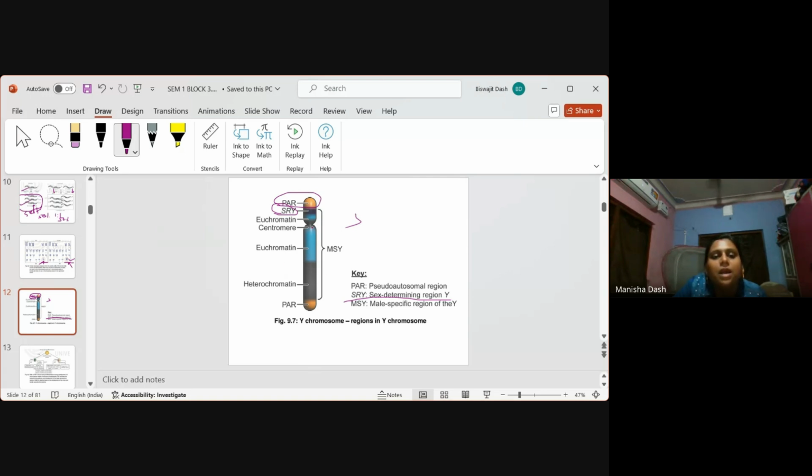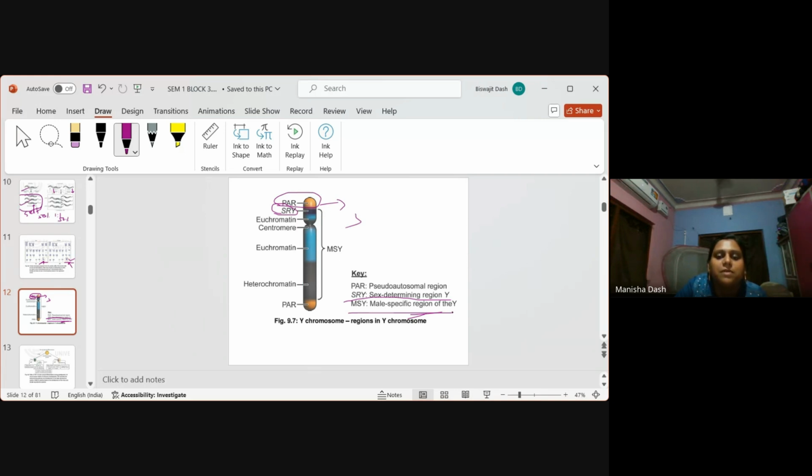This entire segment consists of the male specific region Y. Sometimes you can observe that this pair can have homology with the X chromosome of the female as well. But this specific region is quite unique to the Y chromosome.